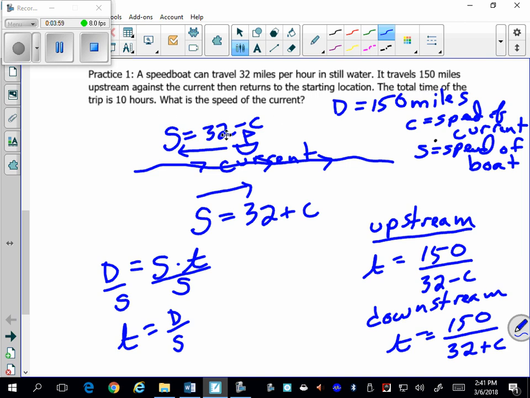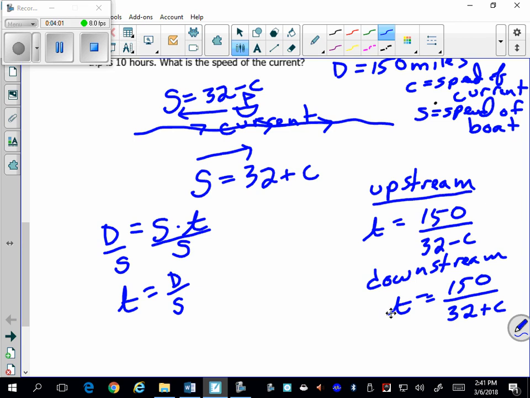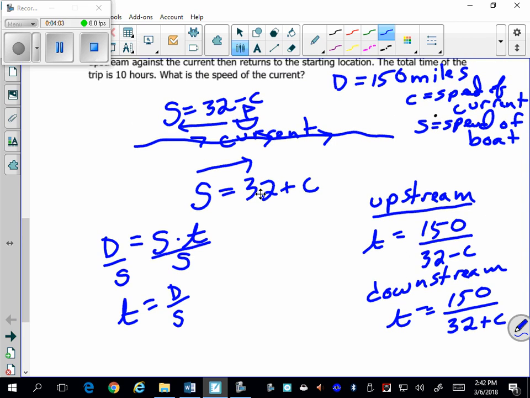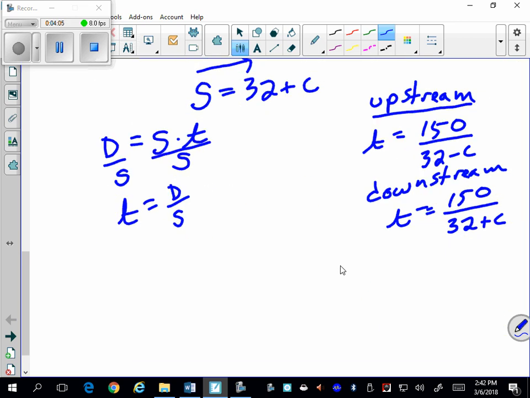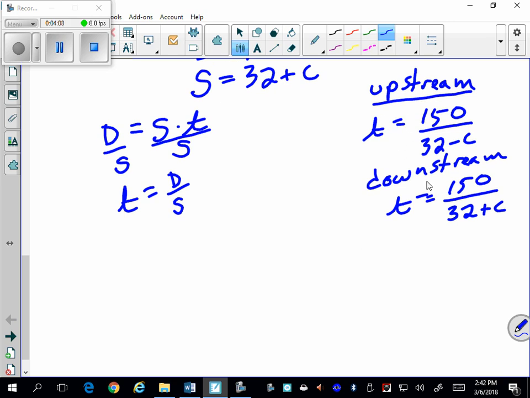So the time it takes to go upstream and the time it takes to go downstream total 10 hours. So we add these times together, the upstream time to the downstream time, and that has to equal 10 hours. This is our equation.